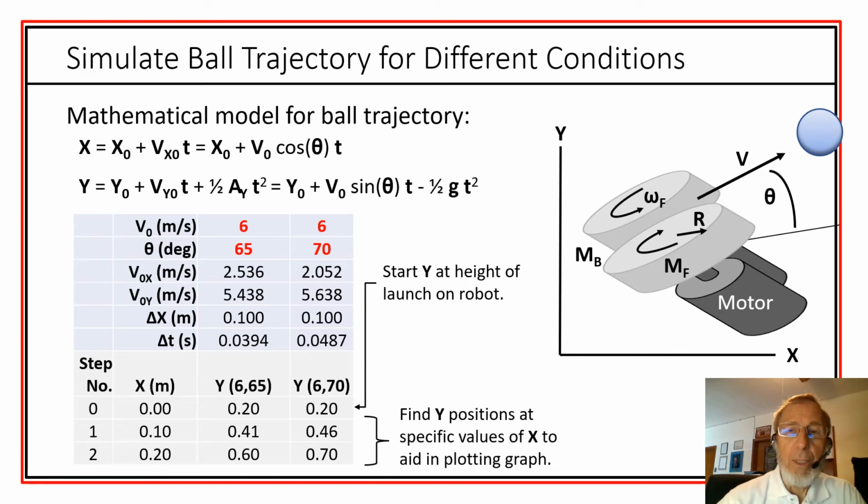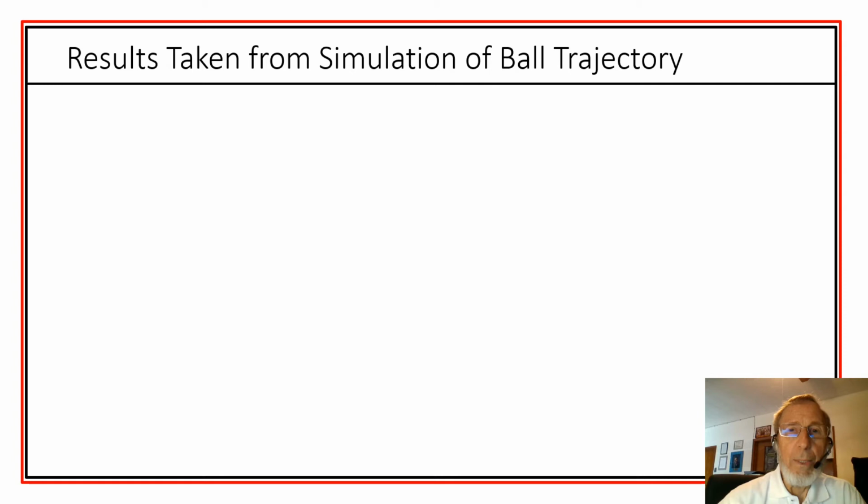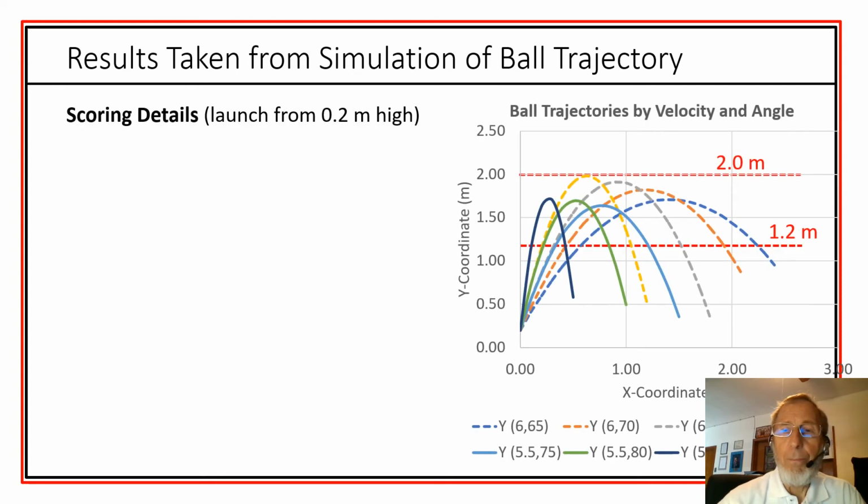We then find the Y positions at each successive time interval or X interval, so we can determine what the path will be for each of these velocities and angles for the launch.